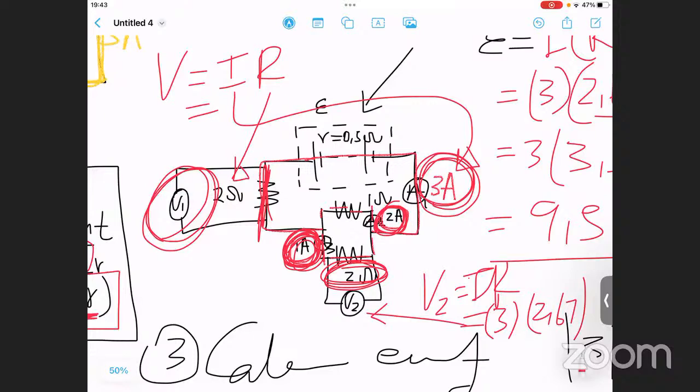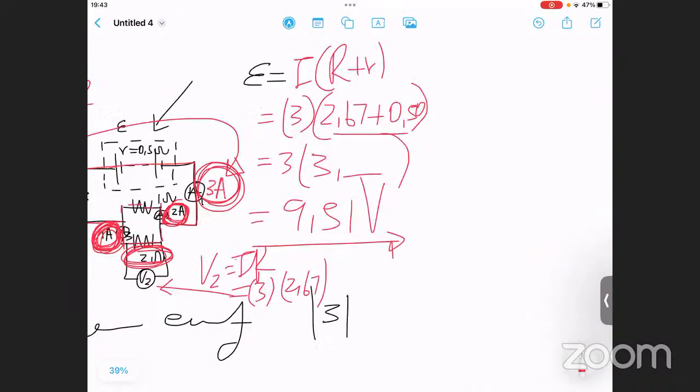Any questions on that part of calculating the V, or do you guys understand the process that you need to go through? I hope you guys got it. Okay, then it's fine.